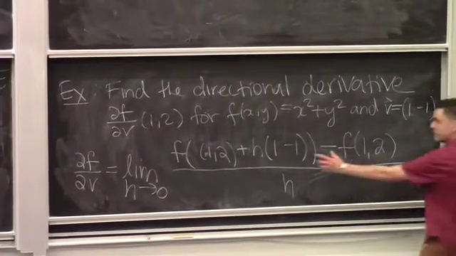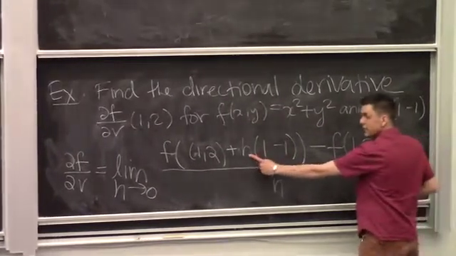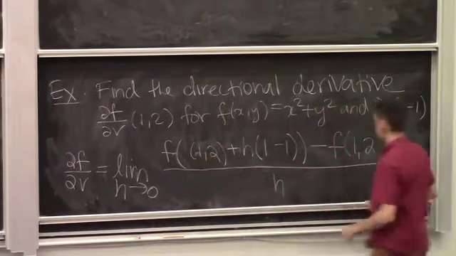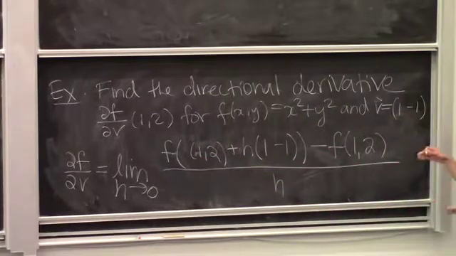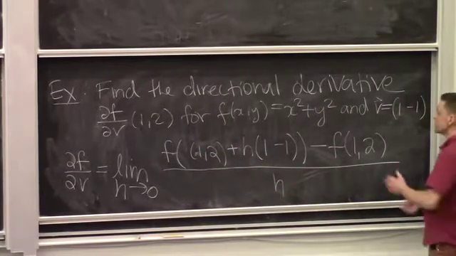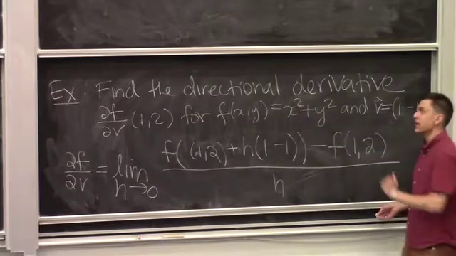Okay, so we take that direction vector, we scale it by h, we add it to the point we care about, and we take this limit. Okay, so let's do the algebra and see what we get.